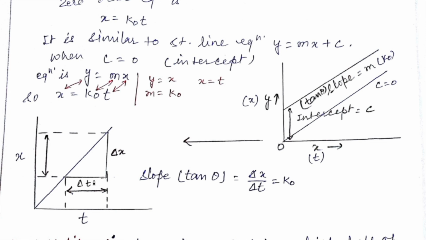So from this graph, tan theta can be written as delta x over delta t, perpendicular upon base. And what is x upon t from this equation? If we transpose this t here, we get x upon t. What is x upon t? It is K naught, the value of the rate constant. So by this graph, we can find the value of rate constant K naught for a zero order reaction.